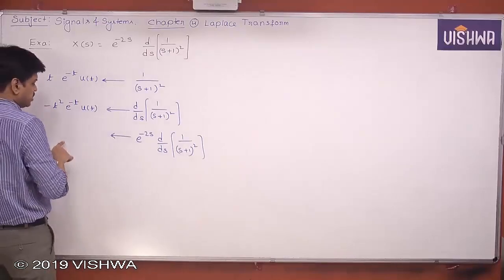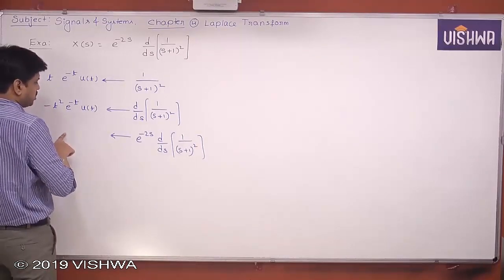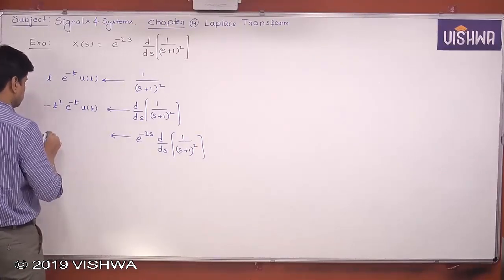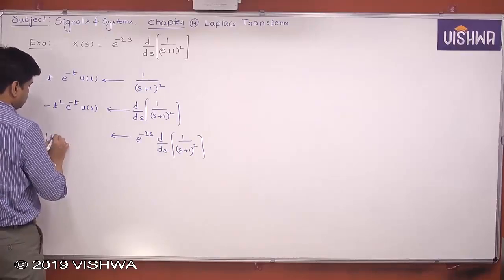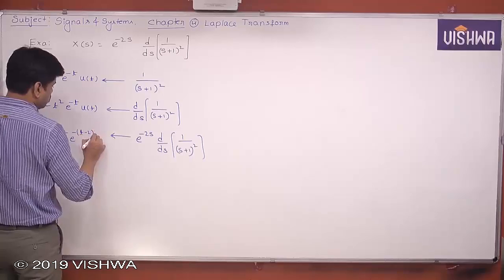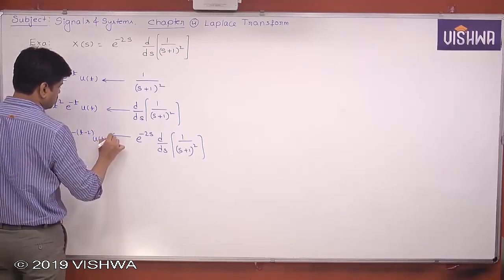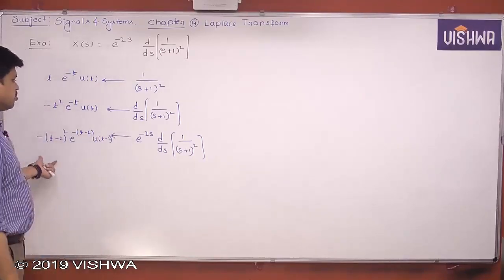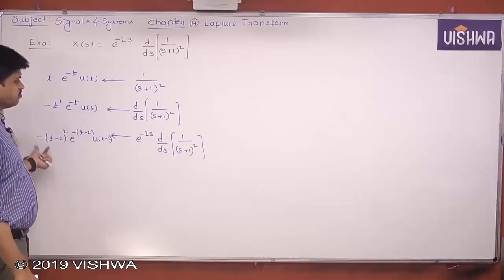So wherever t is there, that has to be replaced with t minus 2. So minus t minus 2 whole square e power minus of t minus 2 u of t minus 2. So this is the inverse Laplace transform for this function. Take it.